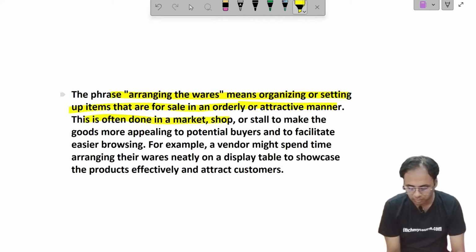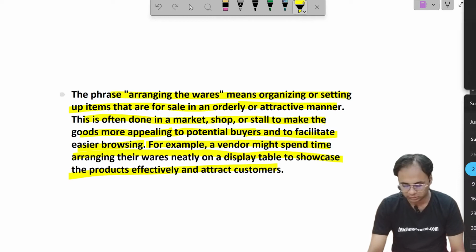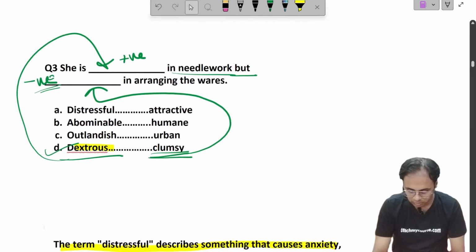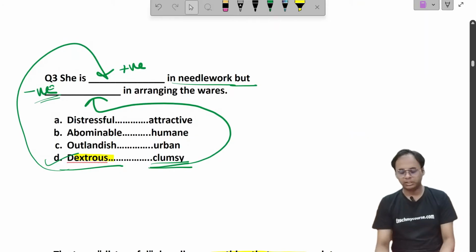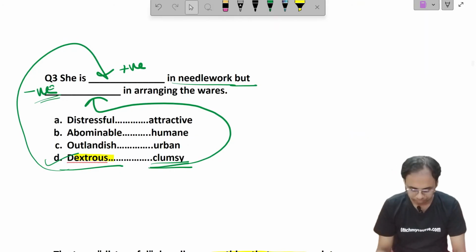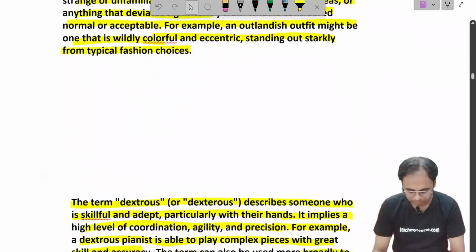This is often done in a market, shop or stall to make the goods more appealing to potential buyers and to facilitate easier browsing. For example, a vendor might spend time arranging the wares neatly on a display table to showcase the products and attract customers. So it simply means that she is really bad at arranging the products. Okay, so that makes sense.